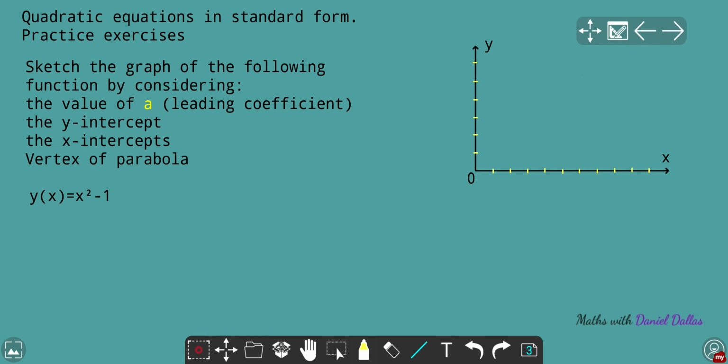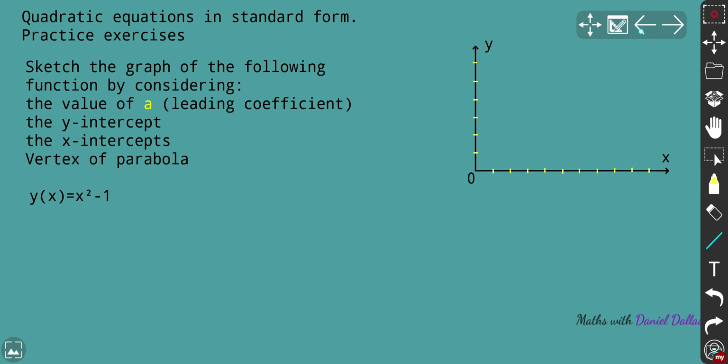Okay, let's get started from the first one. First, we need to consider the value of a. Just remember the general form, ax squared plus bx plus c, where here the leading coefficient a is equal to 1. So a is more than 0, and that's why the branches go up. That's what we can conclude from there.